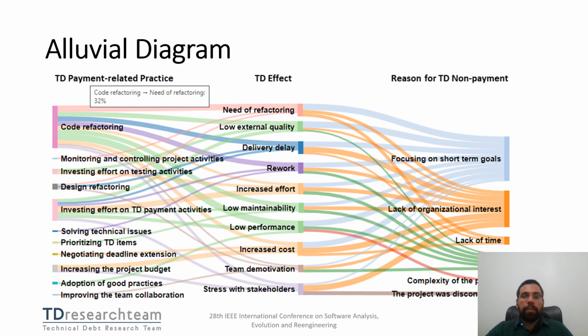Software practitioners can verify how frequently a practice or reason was used in the software project due to the presence of a specific effect. For example, 32% of the projects used code refactoring to eliminate technical debt items when they felt the effect need of refactoring.